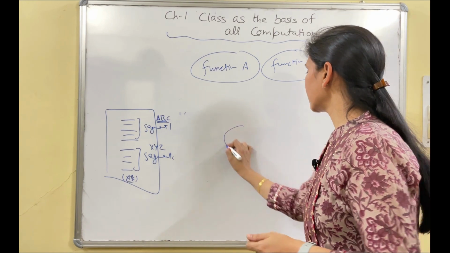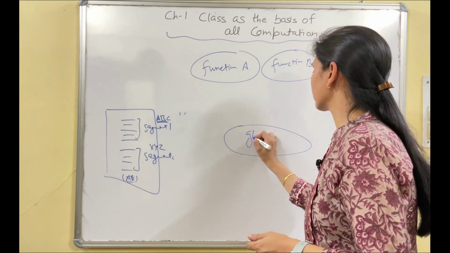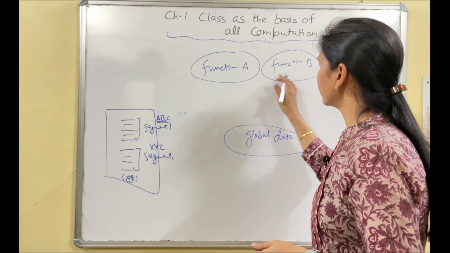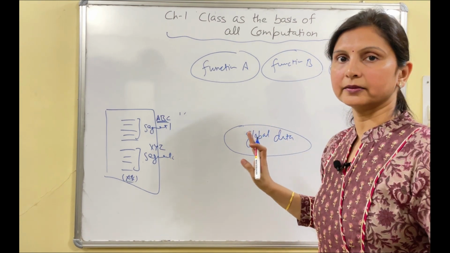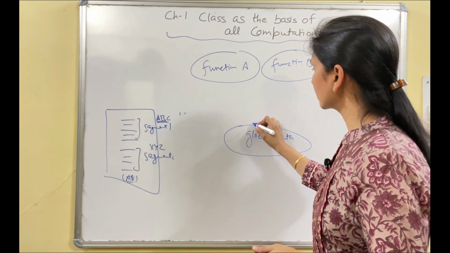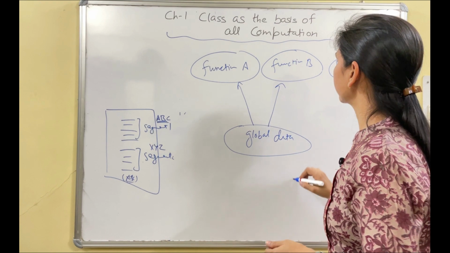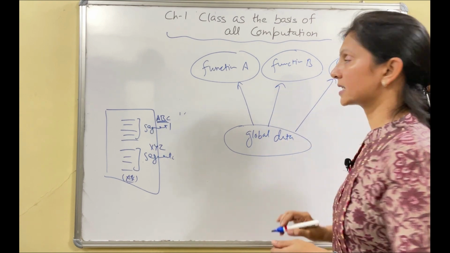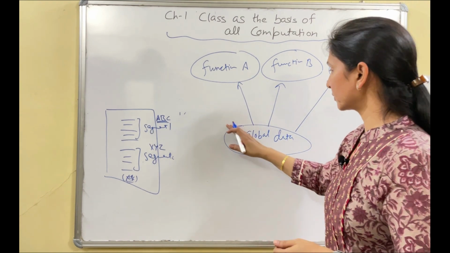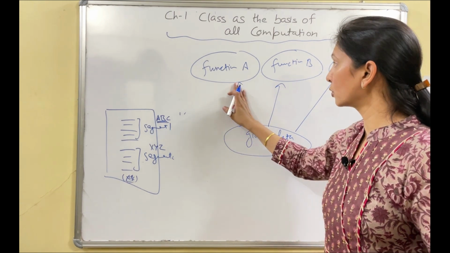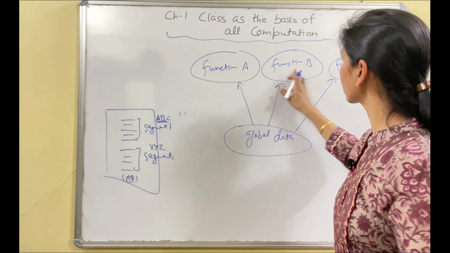Global means any function can use it anytime, very easily. So this global data can be accessed by function A, by function B, and by function C. So what we have observed is that in POP, data flows freely from function to function.